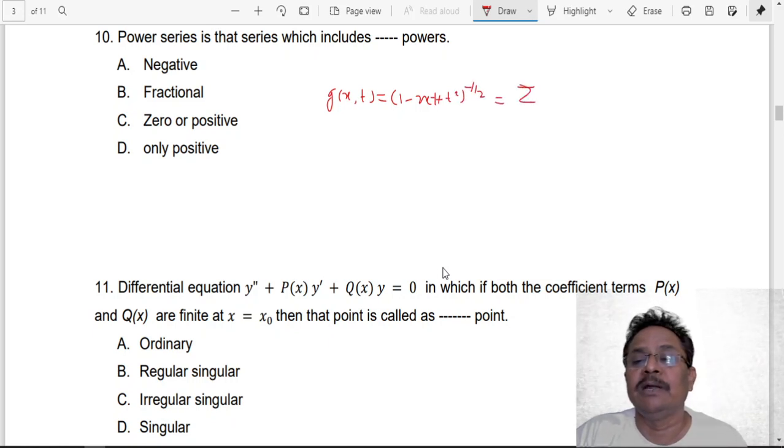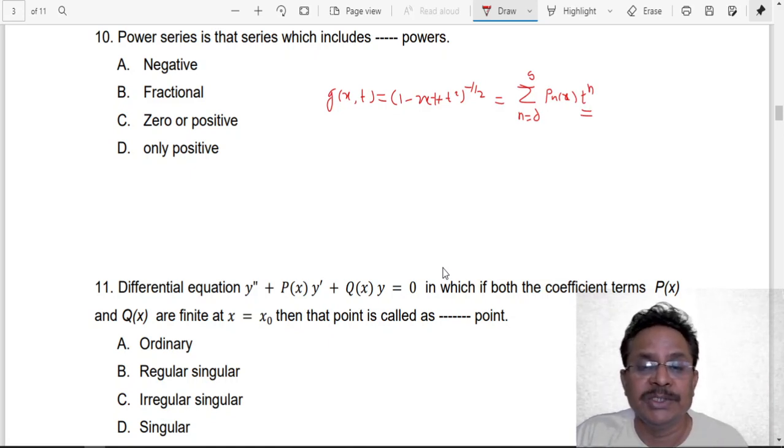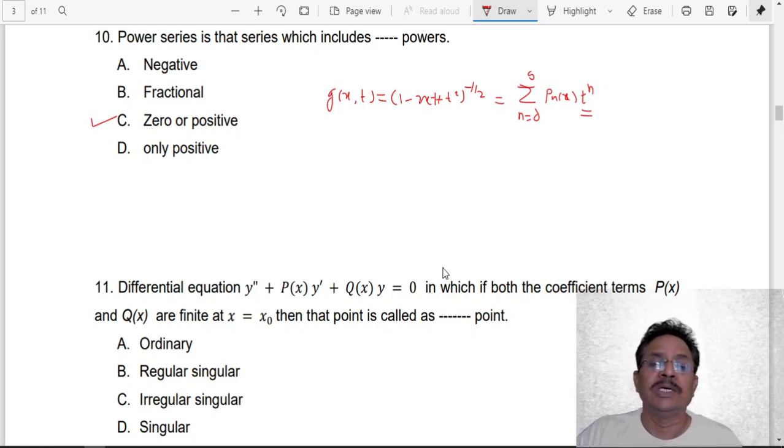If it is expanded, we get the sum over n equal to 0 to infinity of Pn of x into t raised to n. So this is called a power series, and all n in this case must be 0 or positive. Fractional is not allowed, and negative is also not allowed. So this is question number 10: a power series is that series which includes 0 or positive powers of the function t raised to n, as shown here in this example.